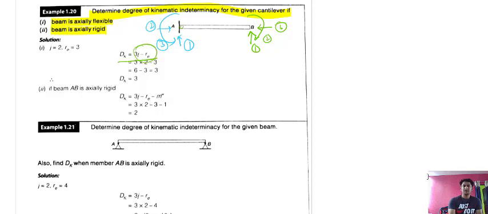The number of joints is 2, joints 1 and 2 here. Now joints are 2, so the formula of dk will be 3 times j, where j is 2, minus external reactions, that are 3. So 3j is 6, minus 3 is 3.